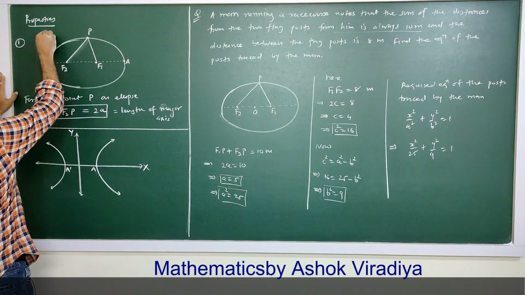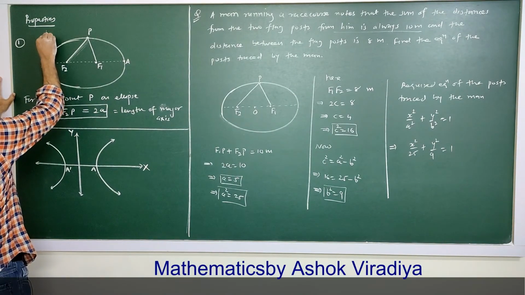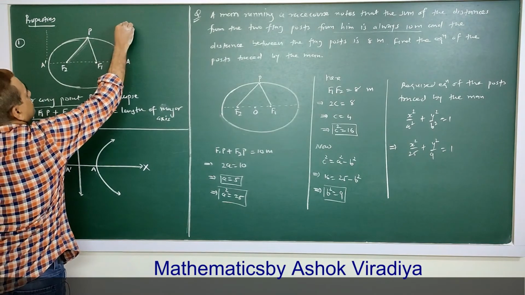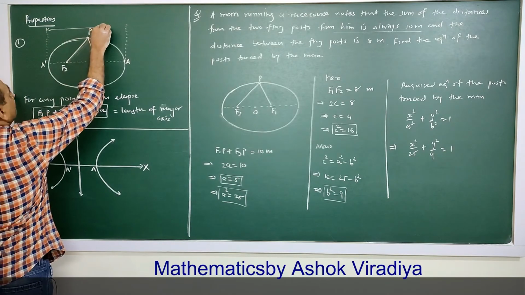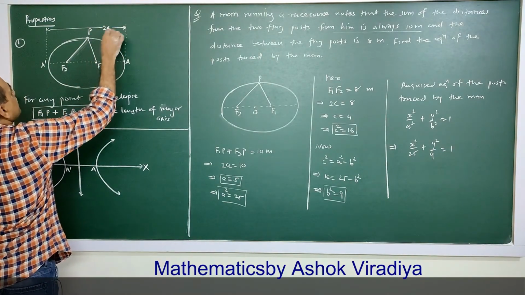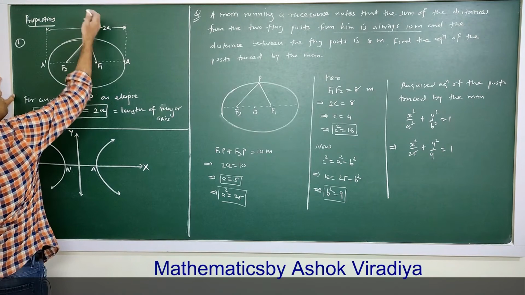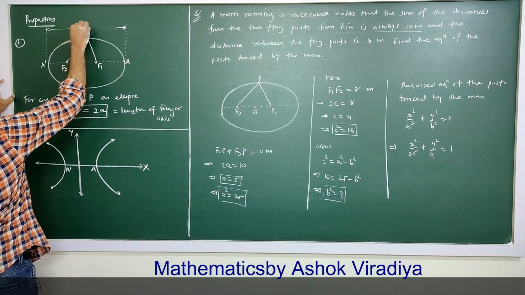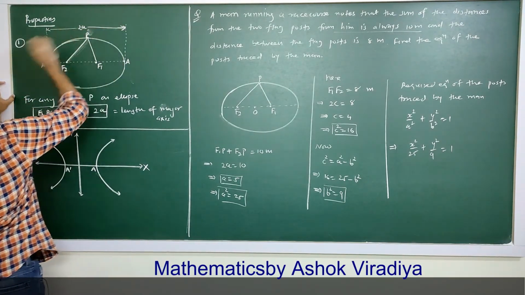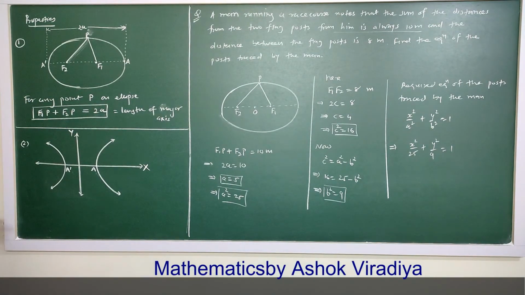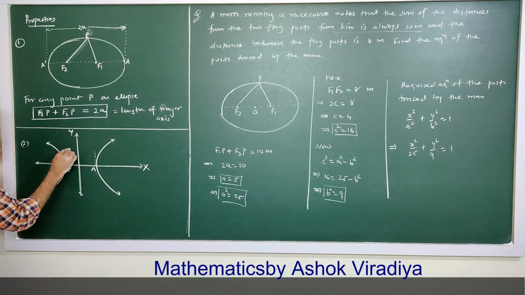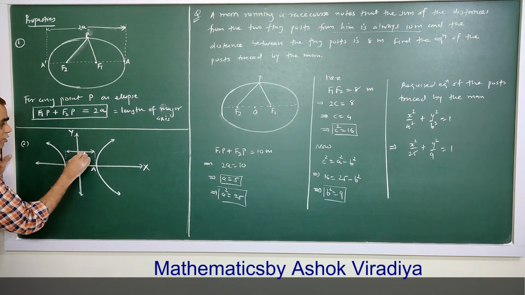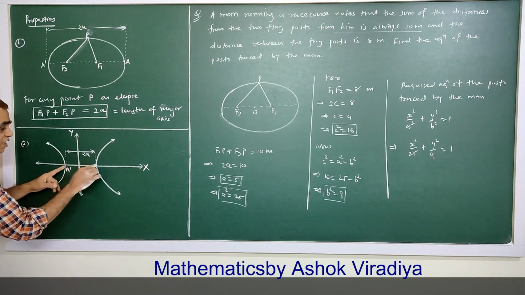The distance between these two points is 2 times a, which is the length of the transverse axis.